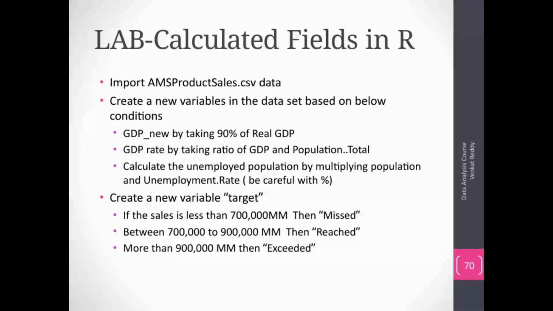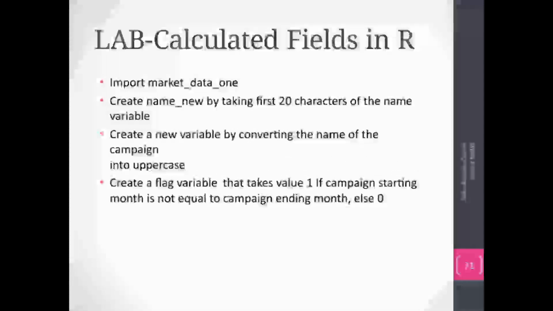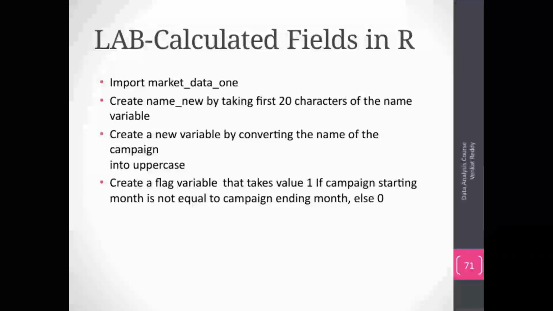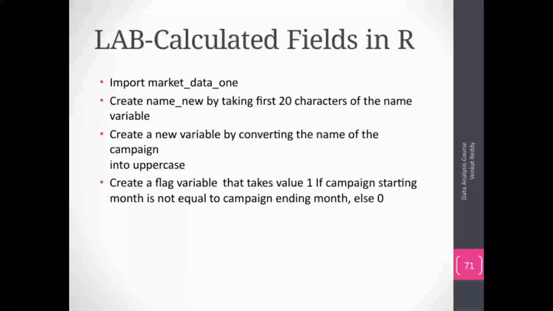Finally, we add a flag variable that takes the value 1 if the campaign's starting month is different from its ending month, and 0 if they are the same. These kinds of calculated fields are essential for cleaning and preparing data for analysis. They allow us to extract meaningful insights and simplify complex information, which ties into our overall goal of effective data analysis.